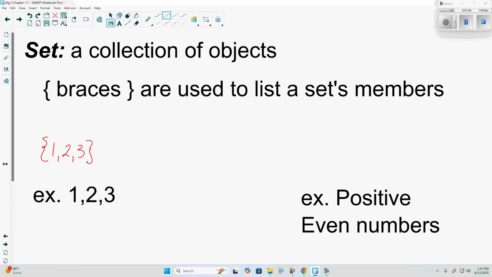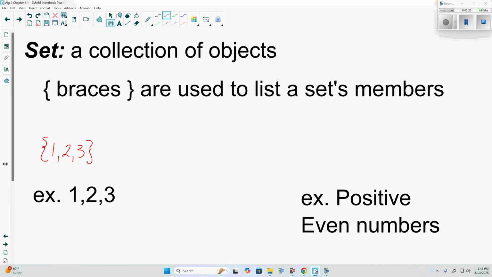An element is a number in the set, or an object that is a part of that set. Each object is an element. So would we say listing the set 1, 2, 3 is pretty nice, easy to do? We can do that. Let's look at the next one.